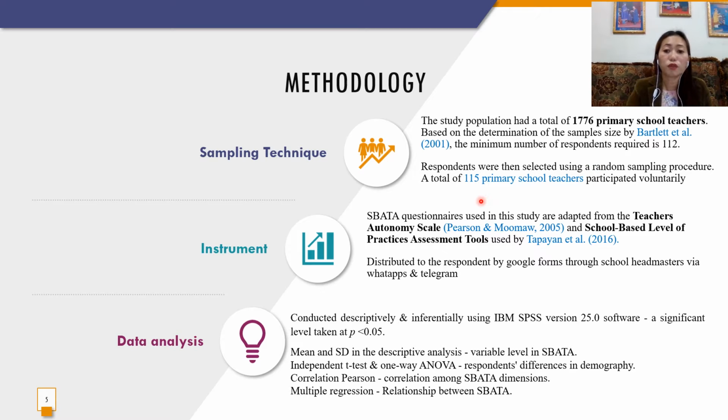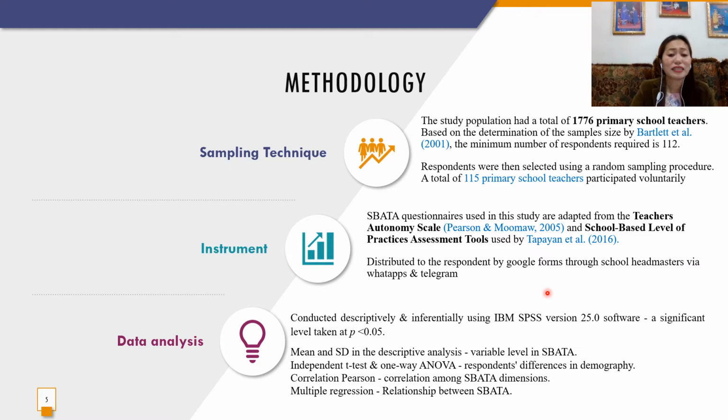A total of 115 primary school teachers participated voluntarily. The SBATA questionnaire used in this study was adapted from the teacher autonomy scale and school-based level of practice assessment tools. It was distributed to the respondents by Google Form through school headmasters via WhatsApp and Telegram.